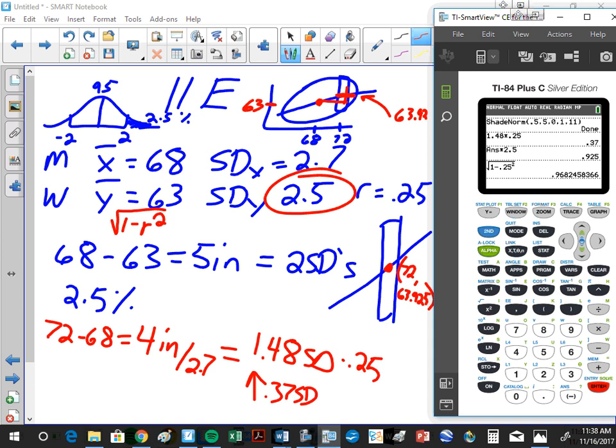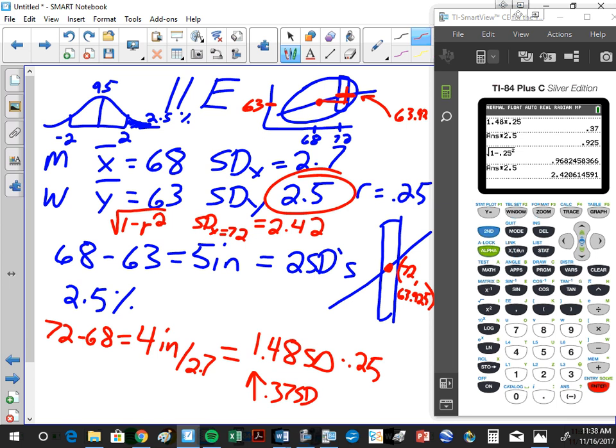So the new SD is 96% of the old SD. So I multiply this by 2.5, and the new SD, the SD when x is equal to 72, is now 2.42.